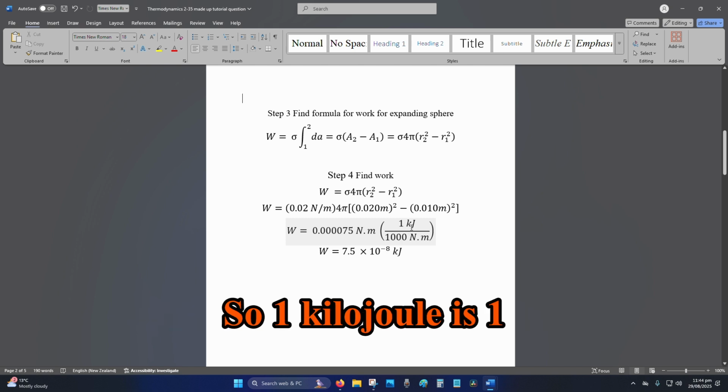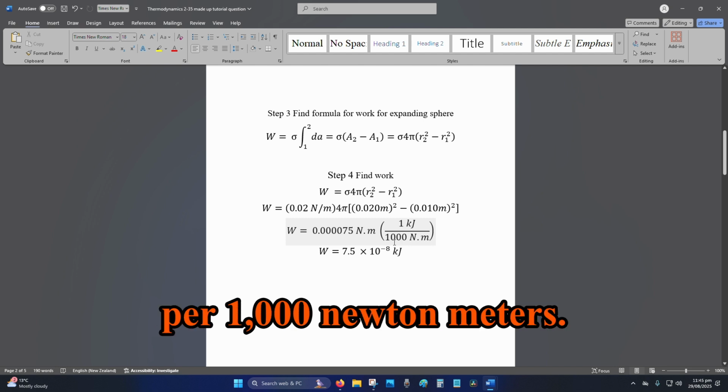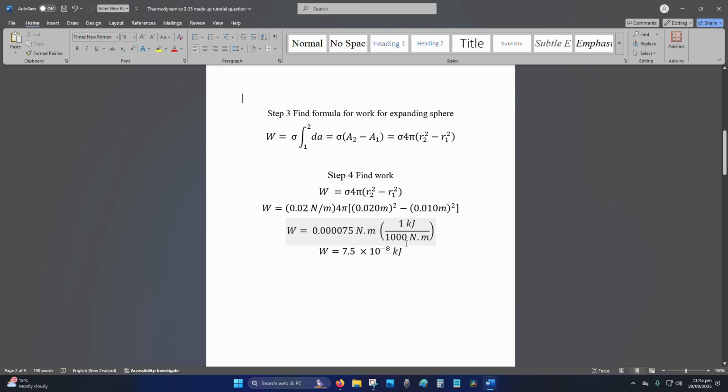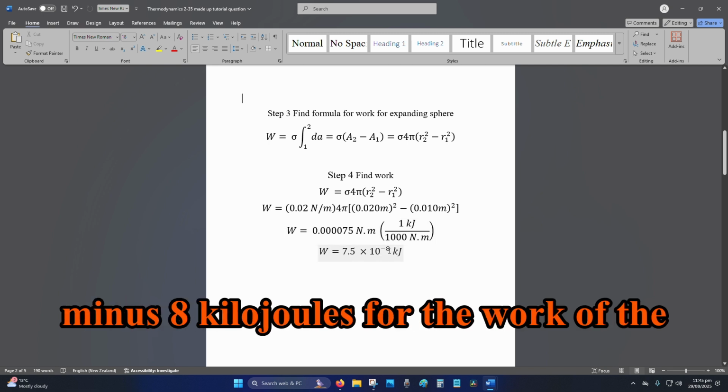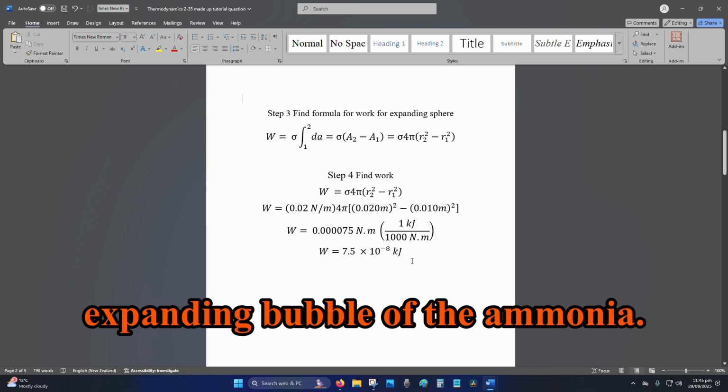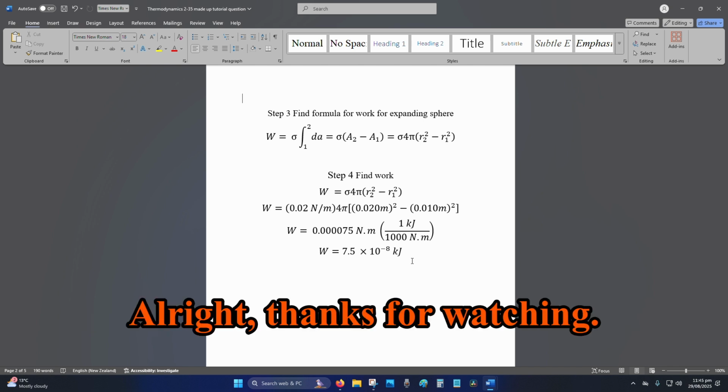So 1 kilojoule is 1 per 1,000 Newton meters. So that will give us 7.5 times 10 to the minus 8 kilojoules for the work of the expanding bubble of the ammonia.